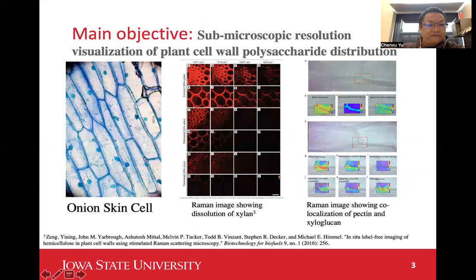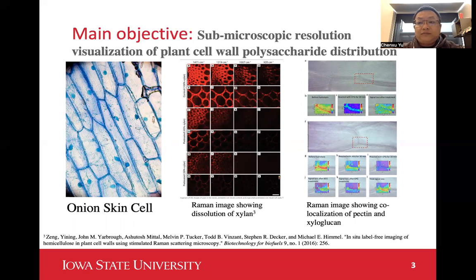Let me go back. In the past, what people have been doing is using Raman to look at different species of polymers. For example, as you can see here, this is a figure from a published paper by the Zheng group. They used Raman imaging to look at xylan distribution in a plant cell wall.